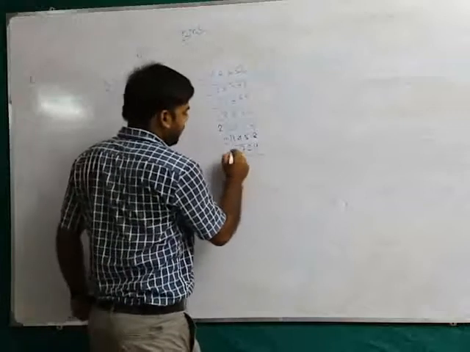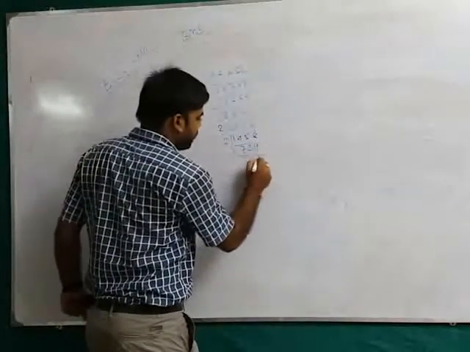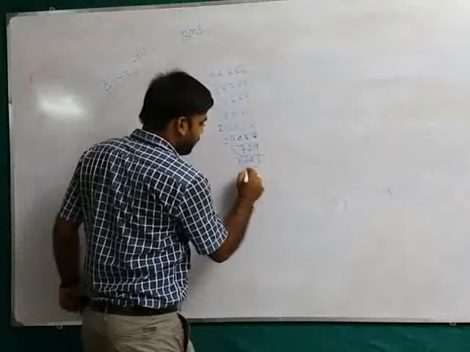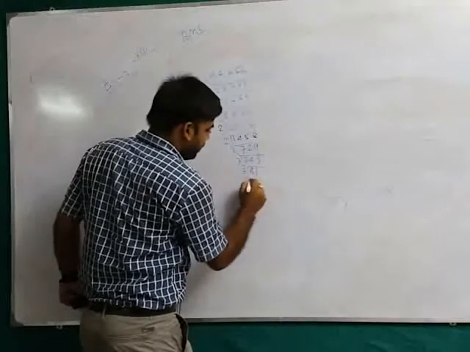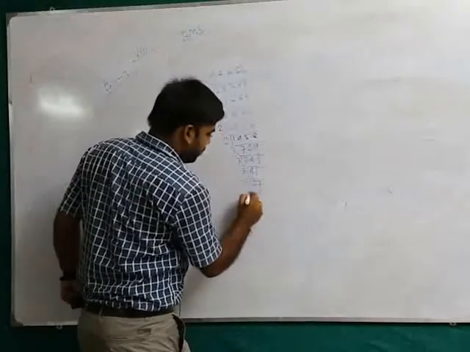So it can be divided by 3, that is 243. Again 3, 81, then 3, 27, 3, 9, 3, 3.